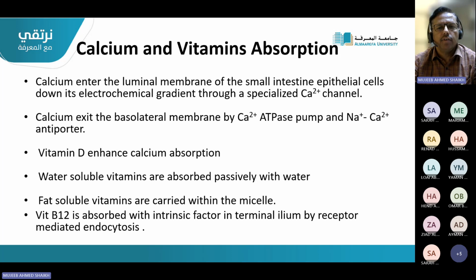What is the meaning of endocytosis? Suppose this is the epithelial cell and the vitamin B12 is outside, so it will stick to this area, this area will go inside, and a time will come when it will be within the cell. It will be pinched off into the cell. This is called endocytosis.